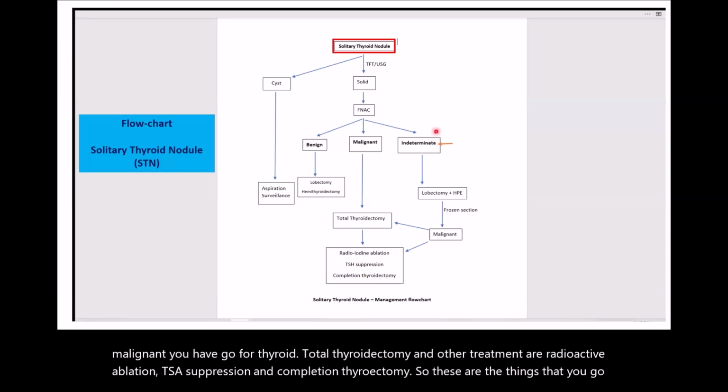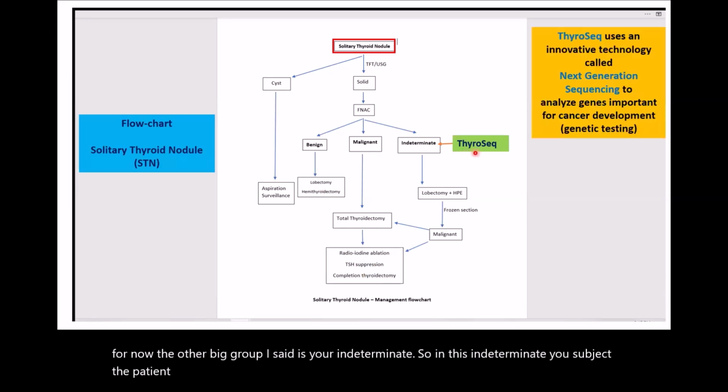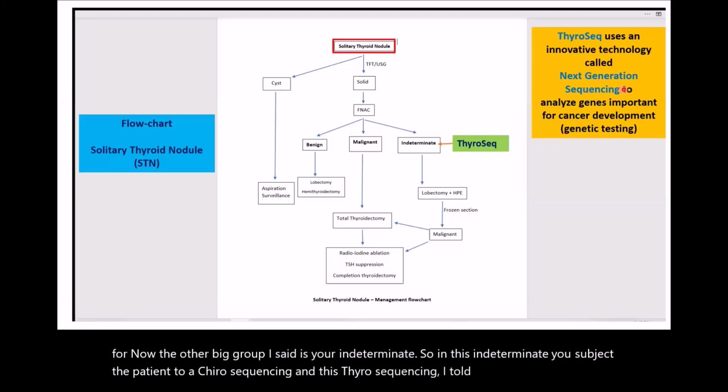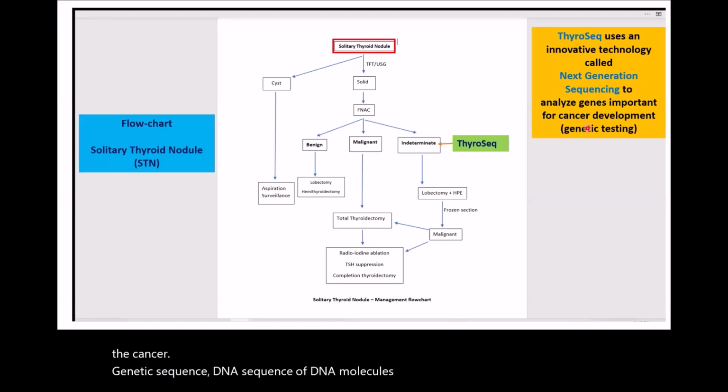Now, the other big group I said is your indeterminate. So in this indeterminate group, you subject the patient to thyroid sequencing. Yeah? And this thyroid sequencing, I told you, uses the next generation sequencing technique. It's a new technique where they can analyze the DNA sequence of the DNA molecules in the cell. That will tell you whether it is malignant or benign.